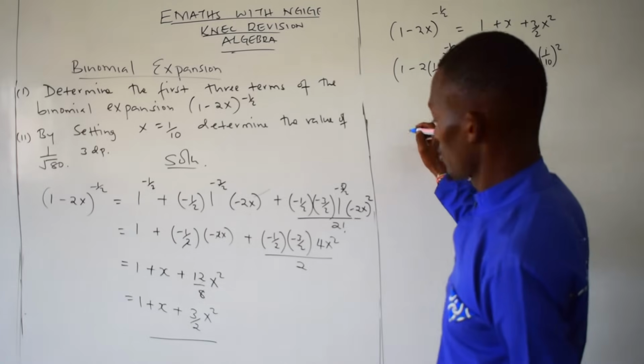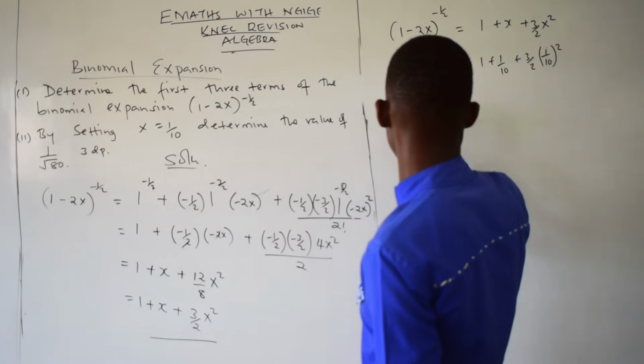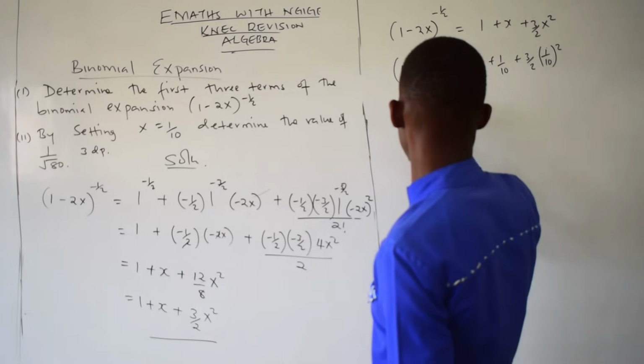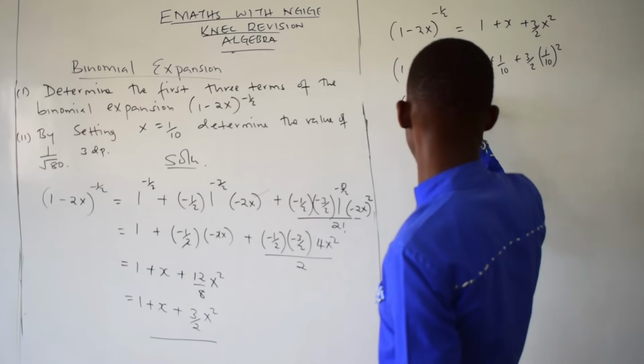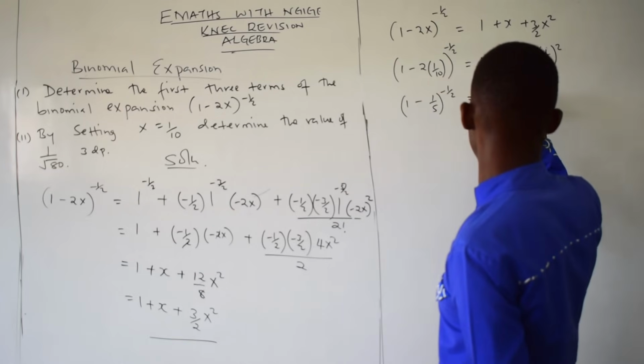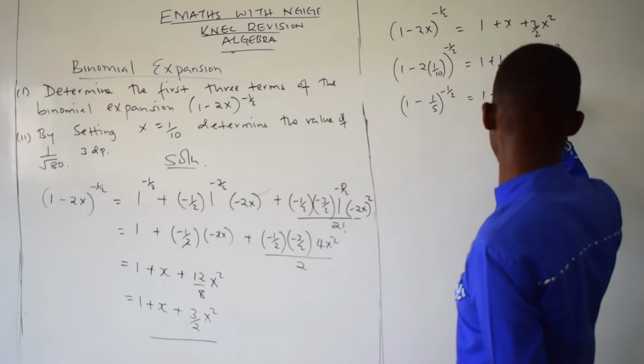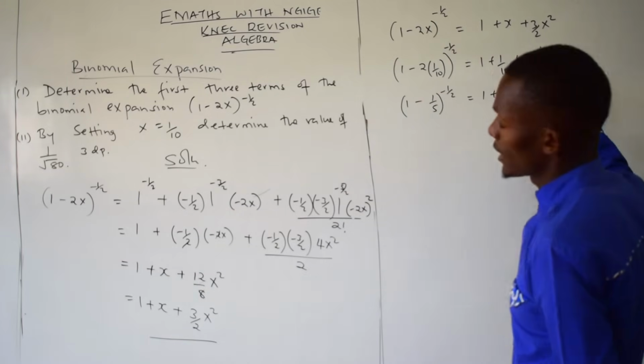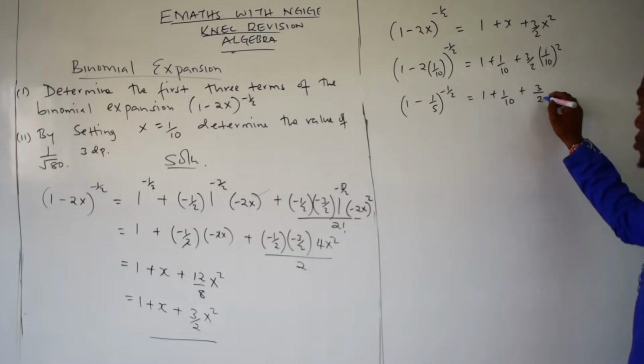So, by the end of the day, you shall have 1 minus 1 over 5, then all of that to negative a half, equals 1 plus 1 over 10 plus 3 over, this one will be 100 times 2, 200.